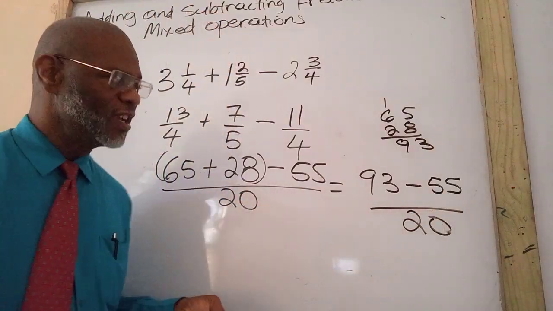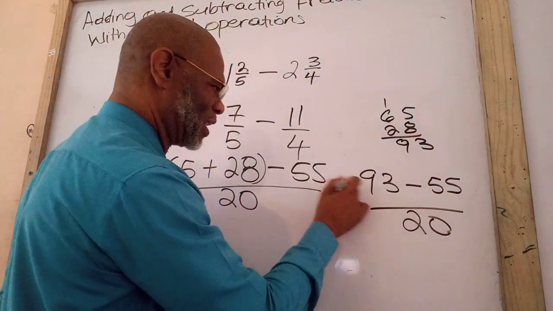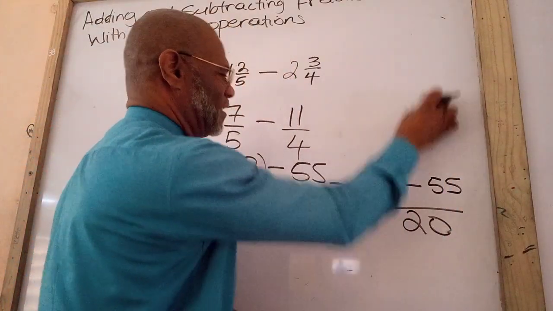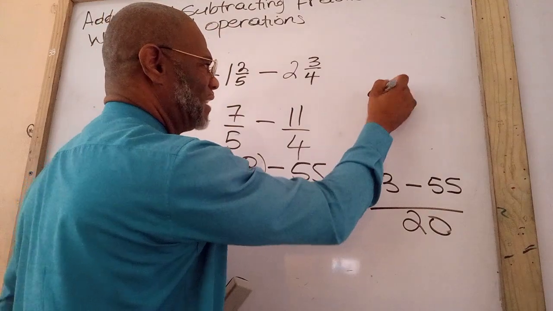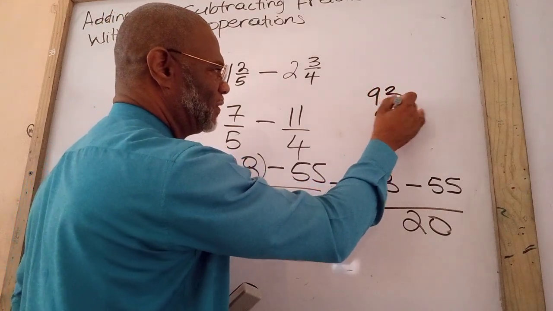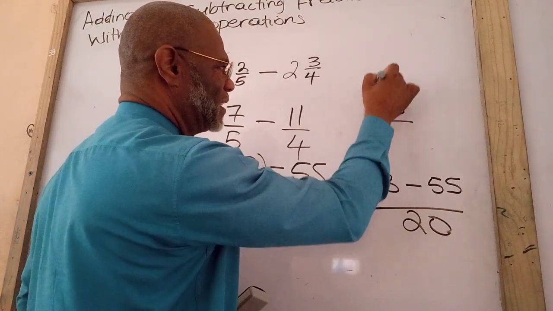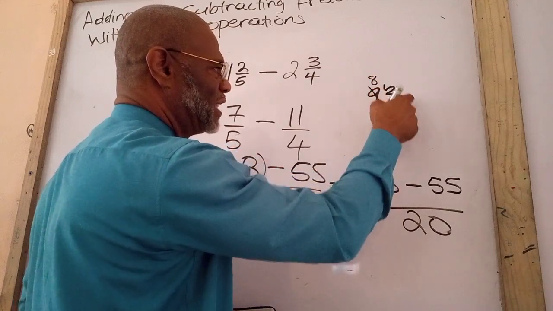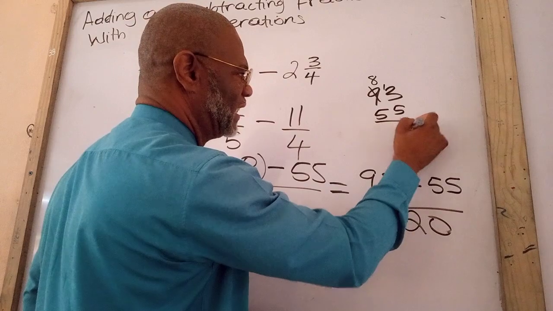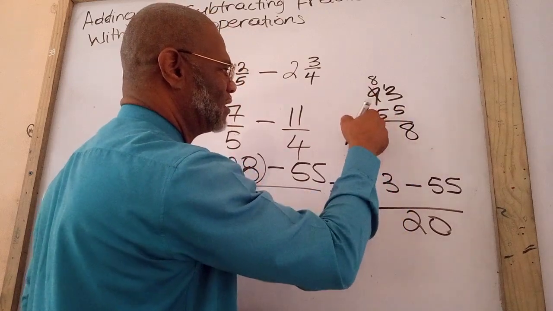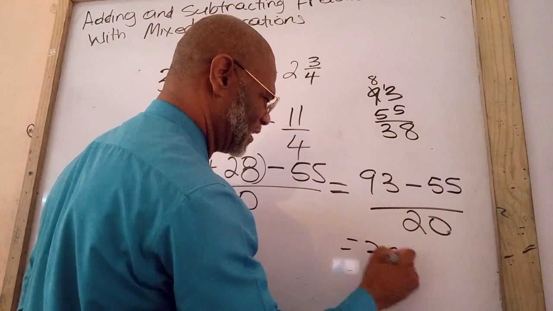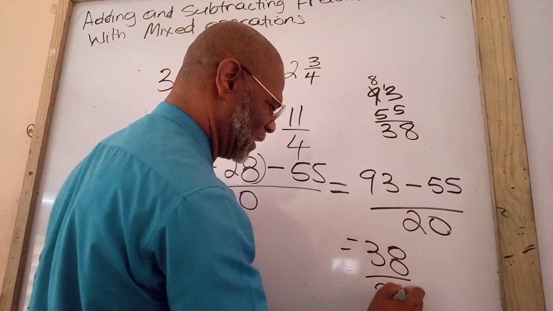Now we can go ahead and do a subtraction. So we have 93 minus 55. 5 from 3, let's take 1 from here, put it here. So we now have 13 minus 5 is 8. And then 8 minus 5 is 3. So we have 38 over 20.